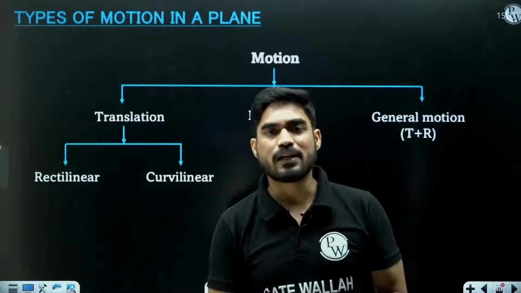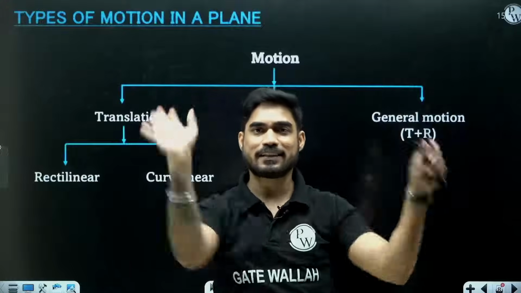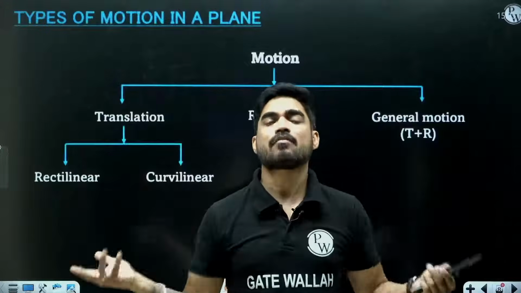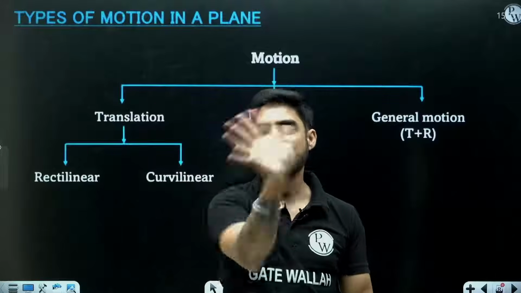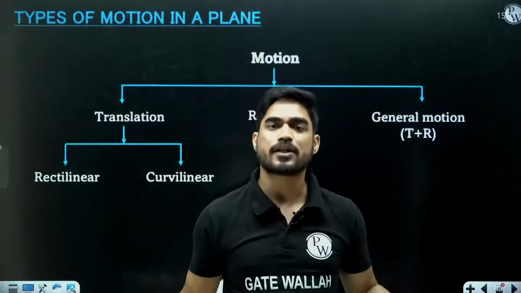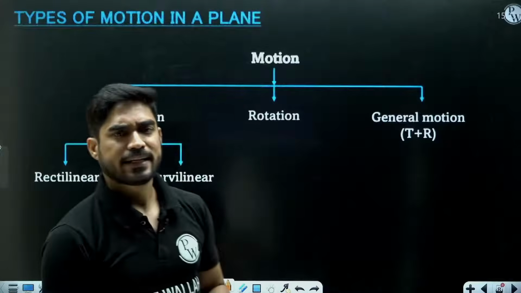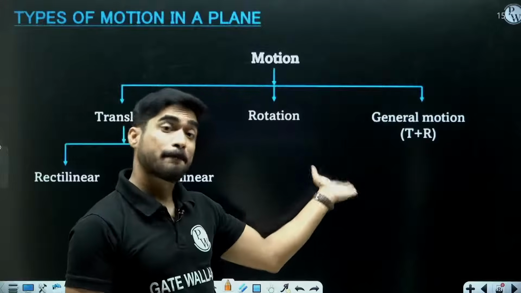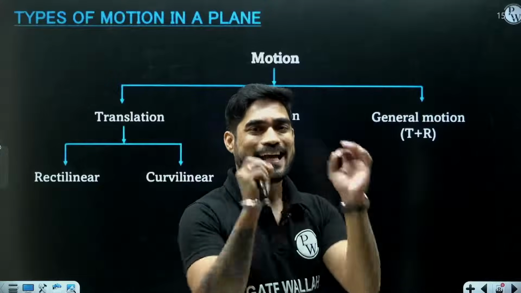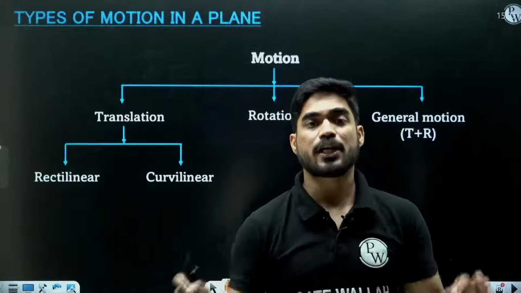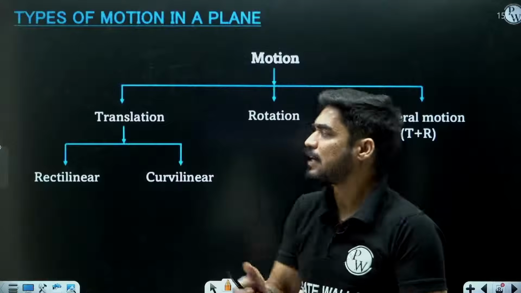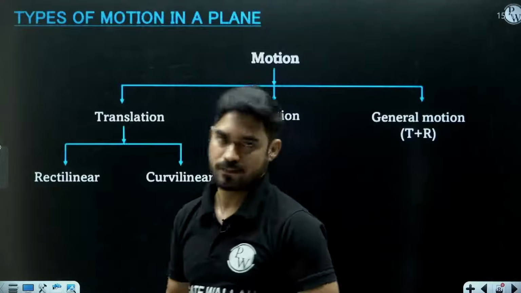For example, if your hand is moving like this, it is general motion because this is neither pure translation nor pure rotation. We can assume this motion to be translation plus rotation. Every general motion is a combination of translation and rotation.